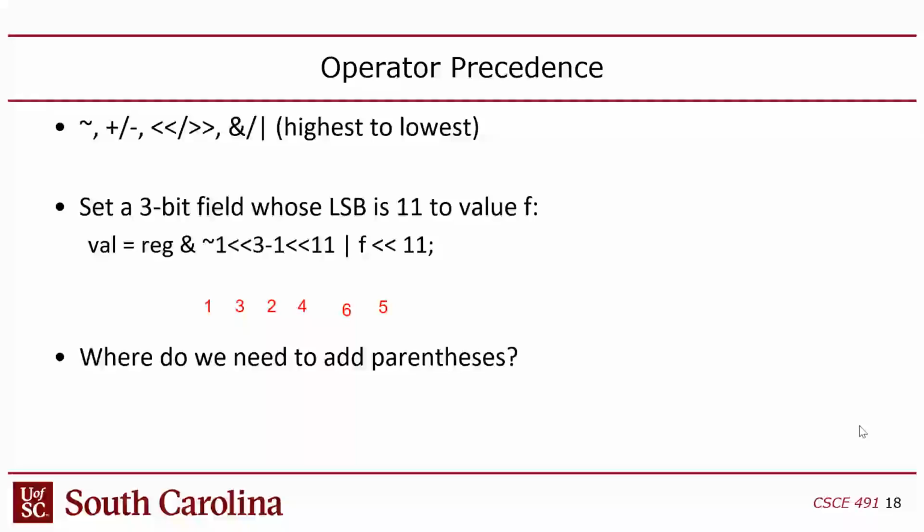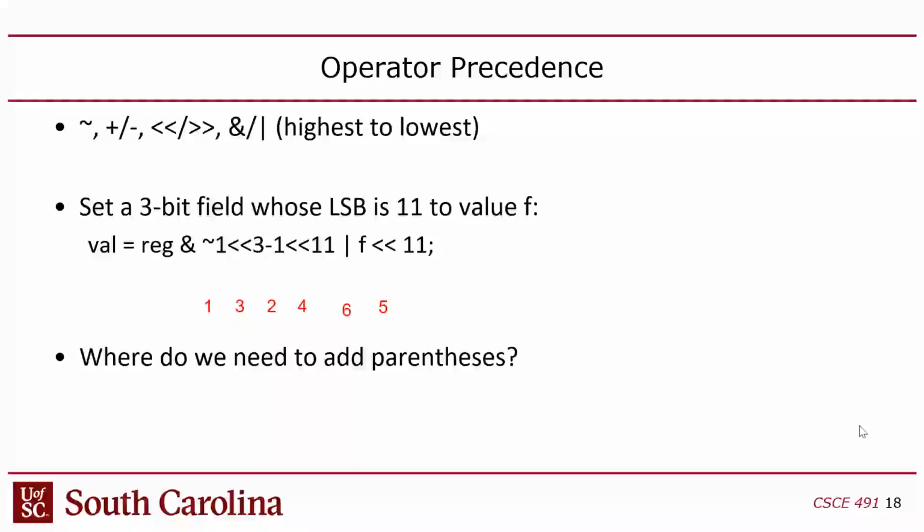So you could do something like this. You take the register value, the old value, and I need to clear those bits. So to clear those bits, I'm going to take 1 shifted by 3, subtract 1, that gives me 1, 1, 1, right?